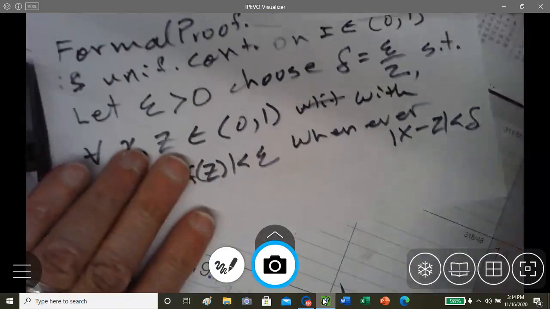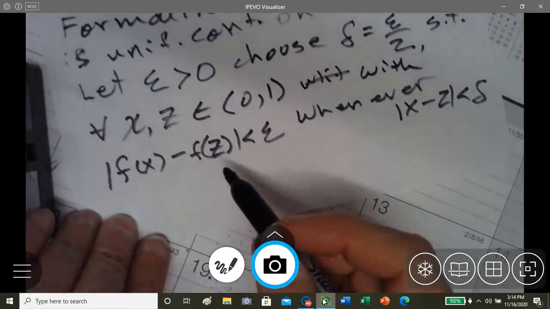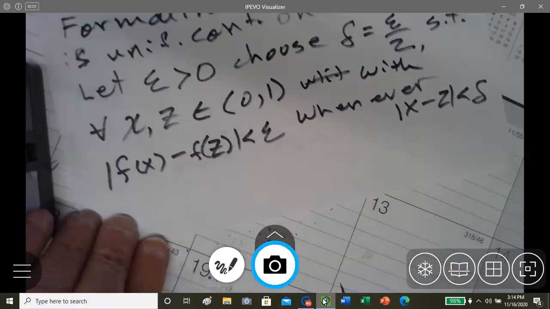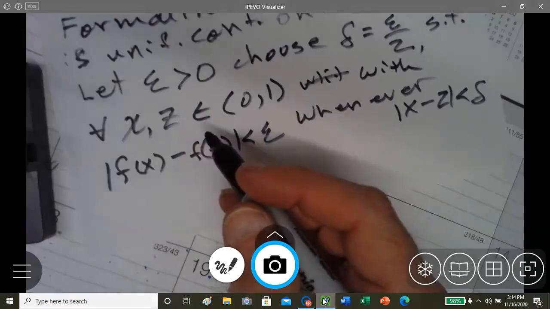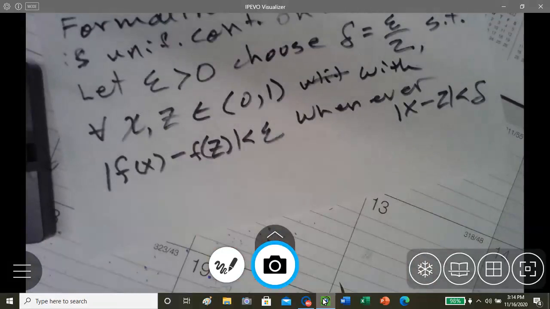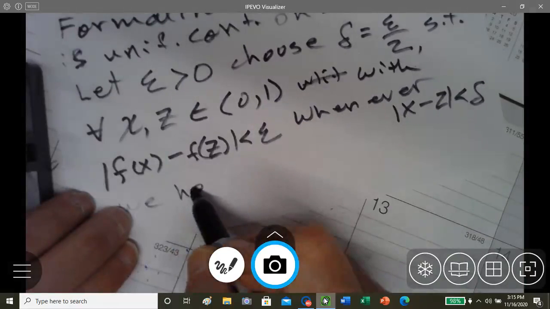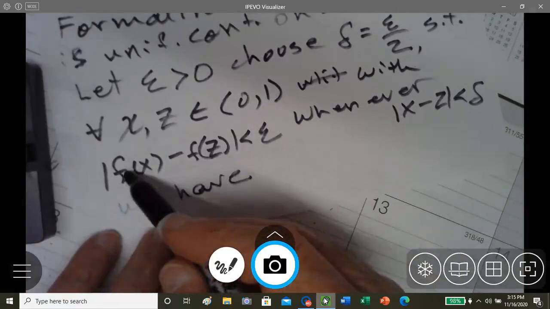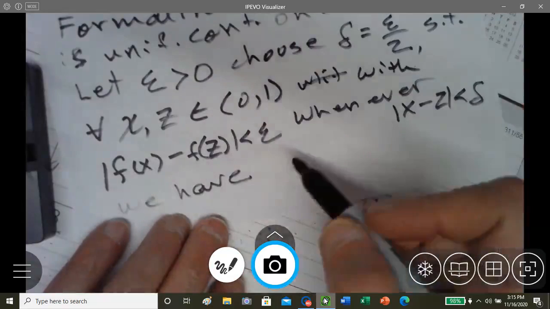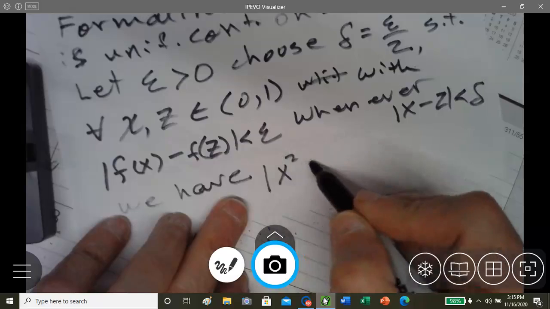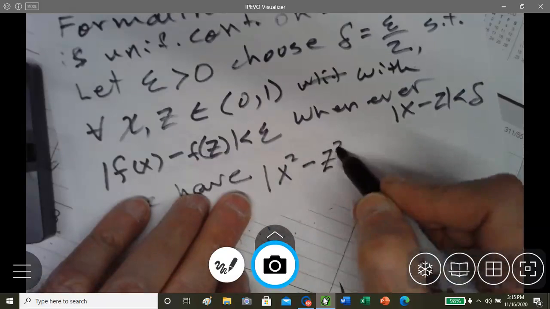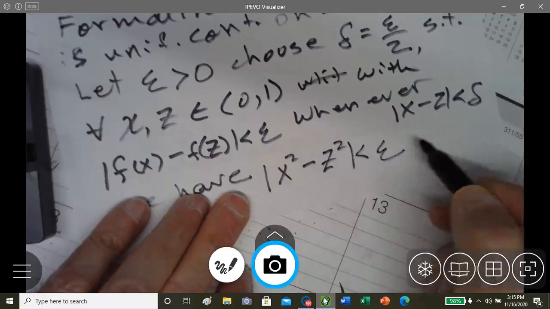Okay, so from here, we have the absolute value of x squared minus z squared is less than epsilon.